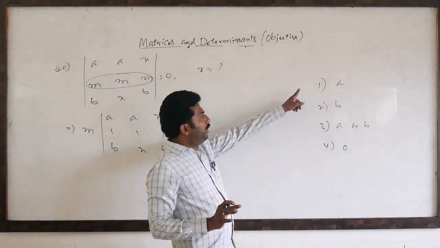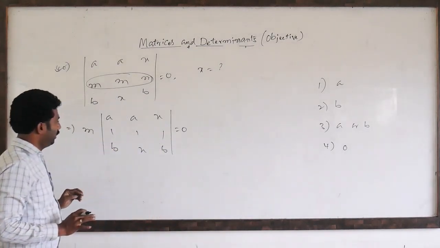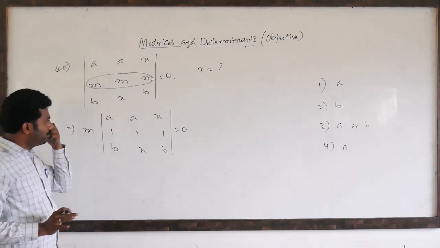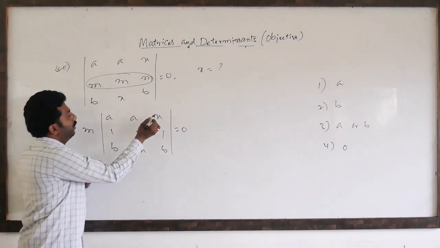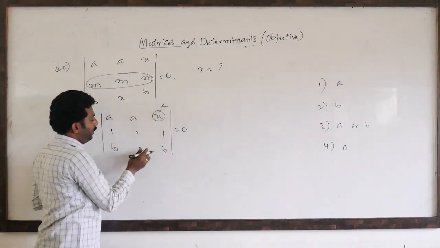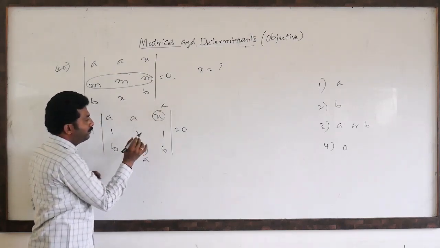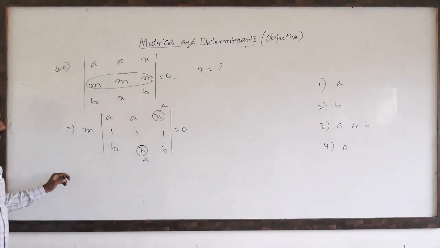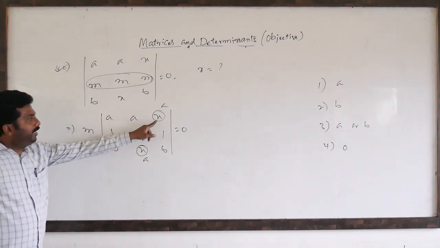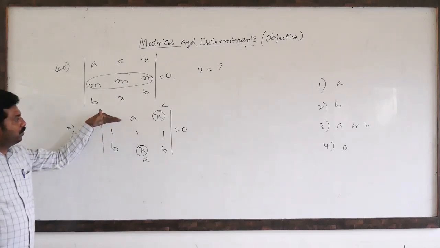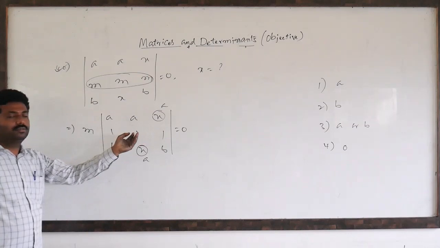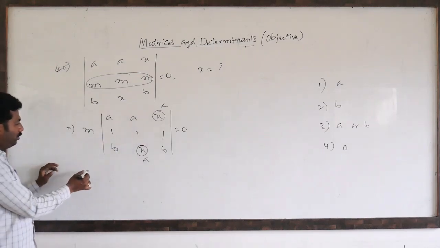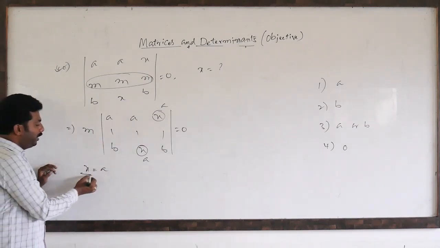Suppose x equal to a, if I substitute, what happens? Here a, here also a. If I take a common, it means 1 1 1 and 1 1 1, so the determinant will be 0. So x equal to a is one possibility.